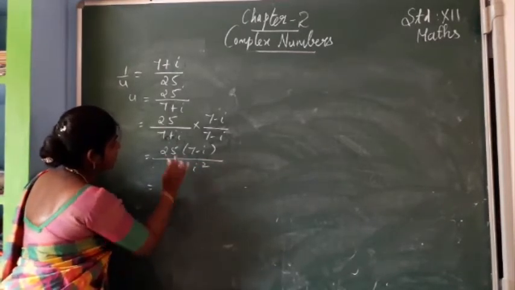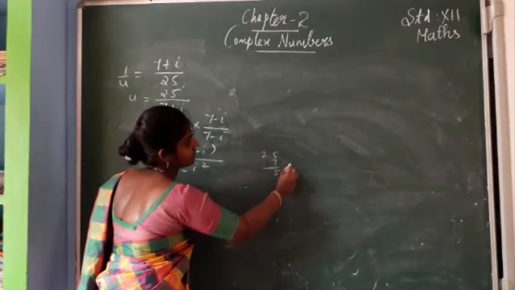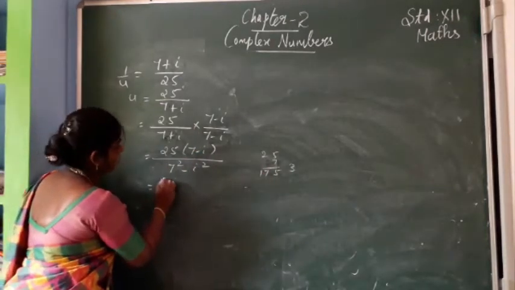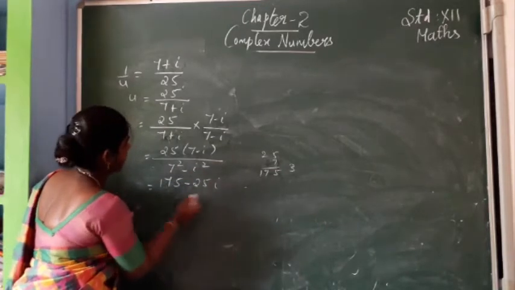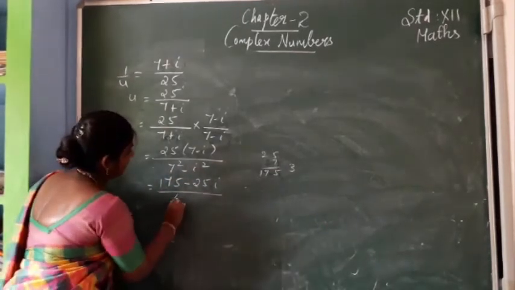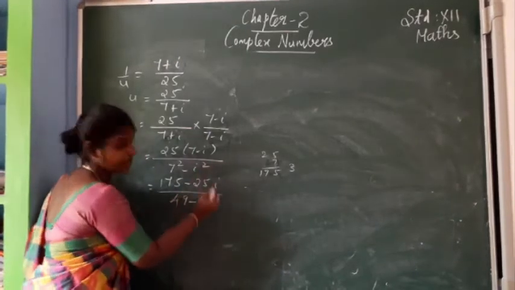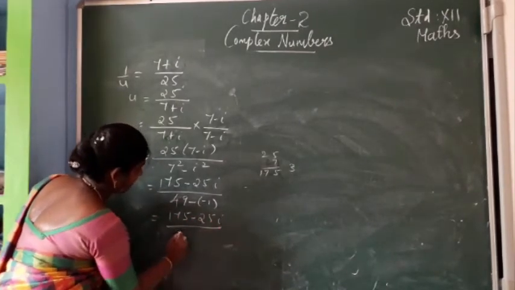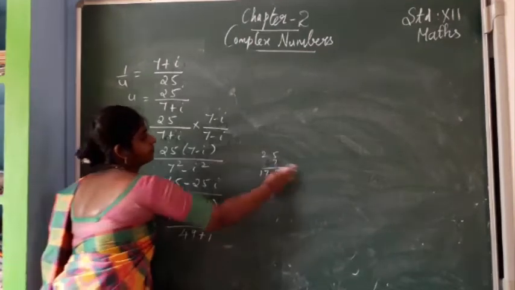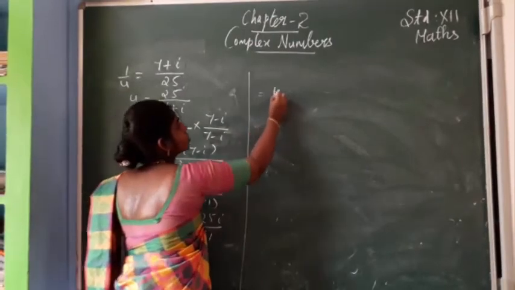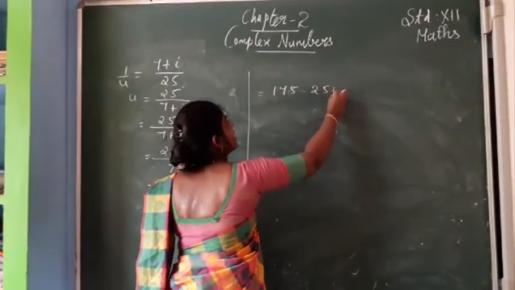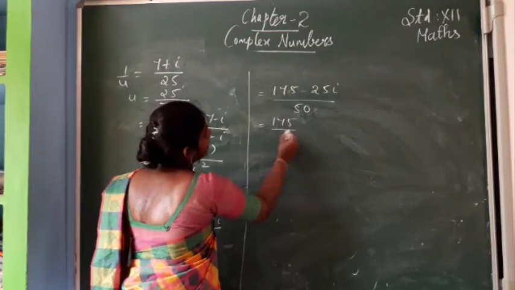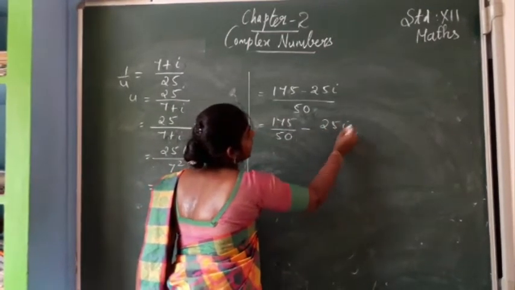That's equal to 25 into 7 is 175, minus 25i, divided by 7² value is 49 minus i² value is −1, that's equal to (175 − 25i) divided by 49 + 1, that's equal to (175 − 25i) divided by 50.